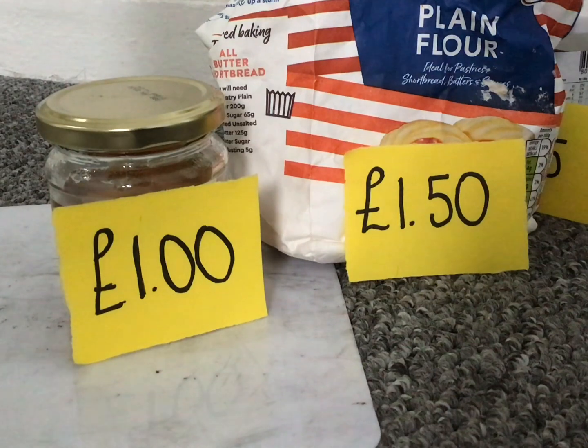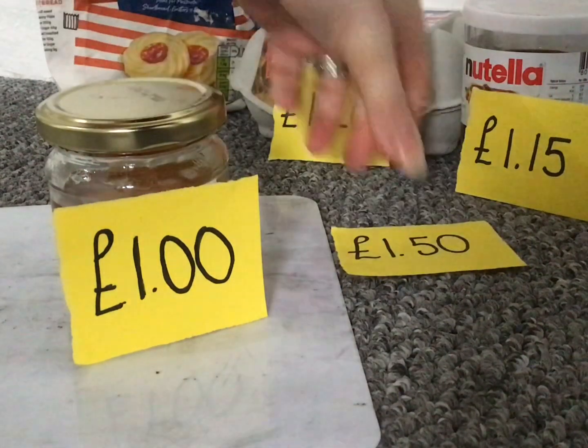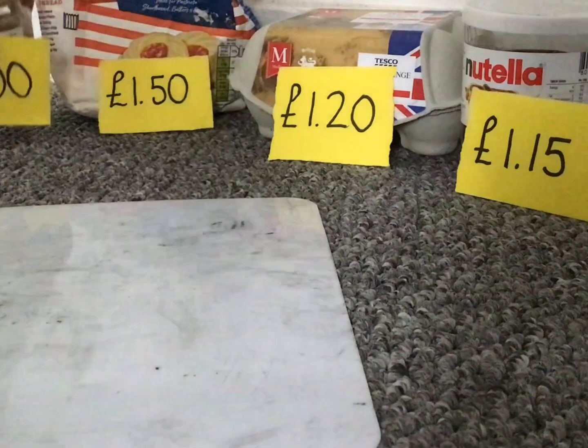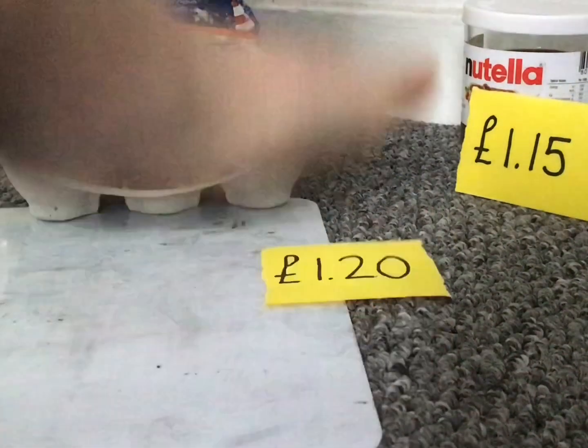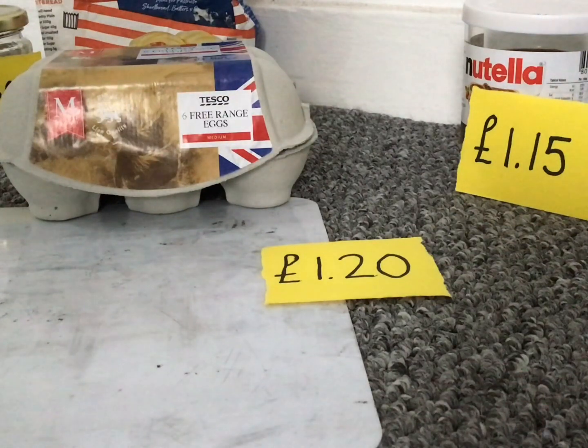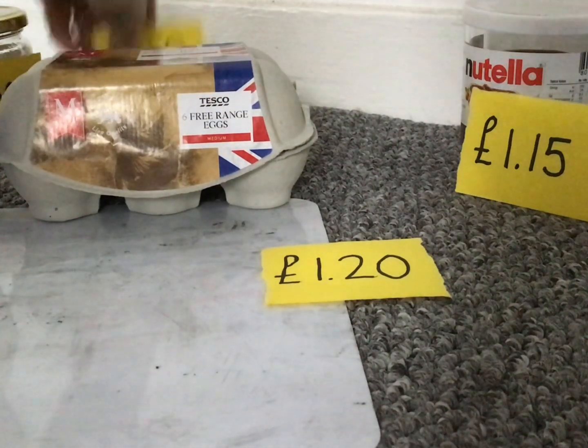I'm now going to look at how I can calculate if I'm buying more than one item. So I'm going to buy some eggs, which cost me £1.20, and some flour, which cost me £1.50.